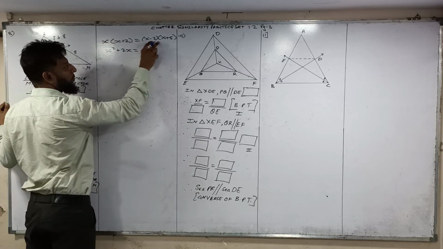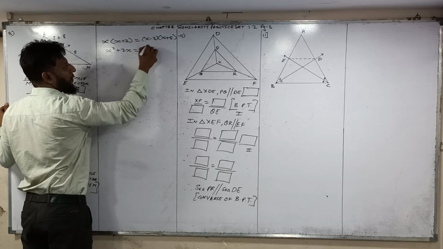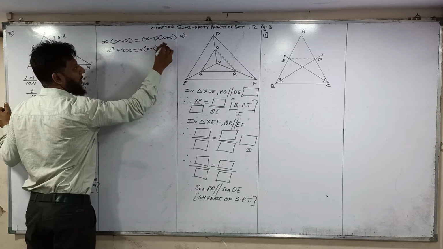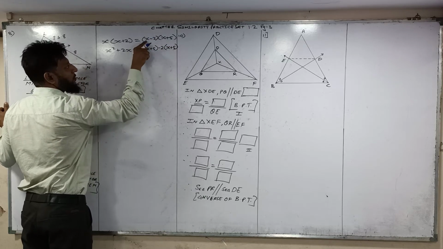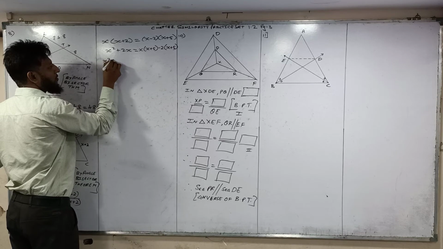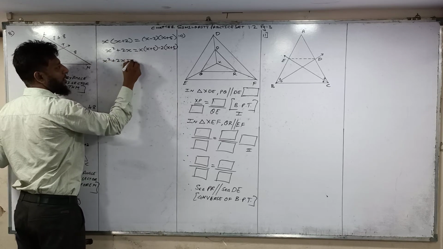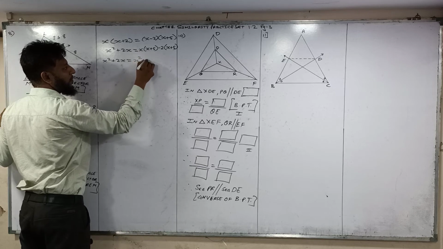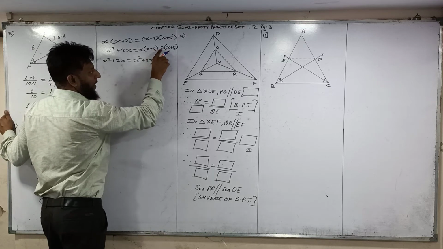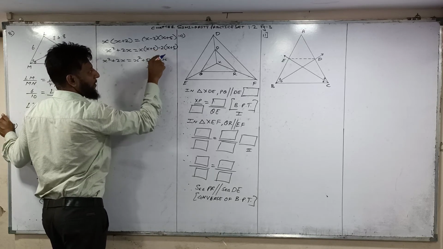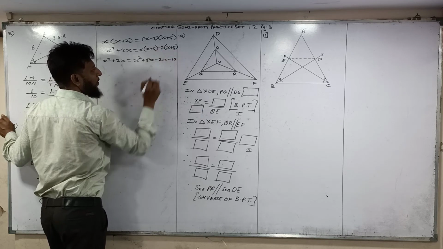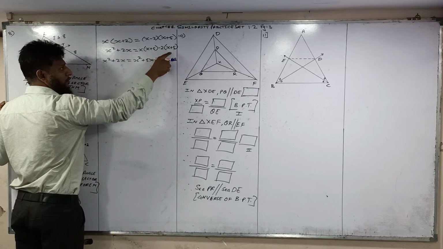On the right, X into X is X square, X into 5 is 5X, minus 2 into X is minus 2X, and minus 2 into 5 is minus 10.